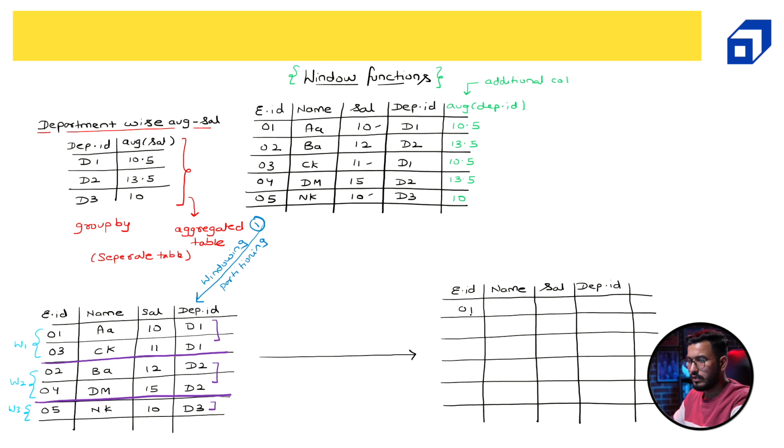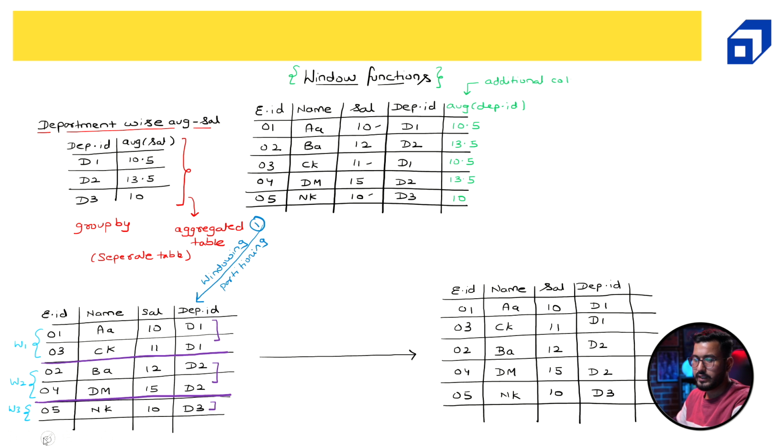Again 01, 03, 02, 04, 05, AA, CK, BA, DM, NK, 10, 11, 12, 15, 10, finally D1, D1, D2, D2 and D3.